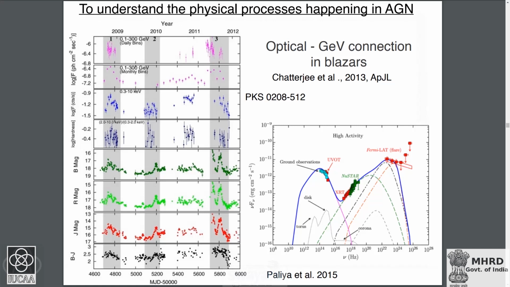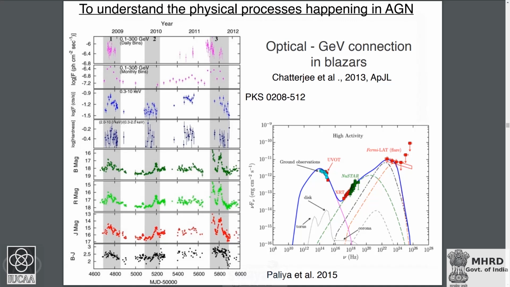So, this is how the broadband spectrum of a source looks like. Suppose we know the electrons contributing to the synchrotron process, we know how the synchrotron spectrum looks like, and once we know that, we will be able to predict how the second hump of the SED also looks like, because the second hump is basically coming from the inverse Compton process.